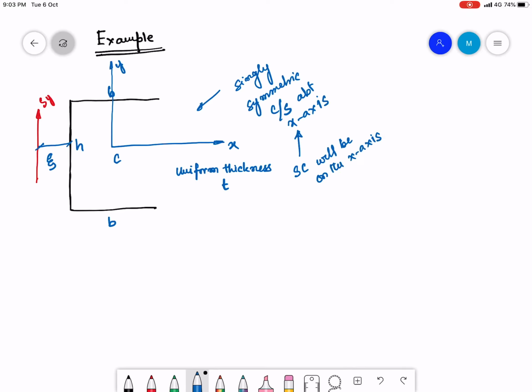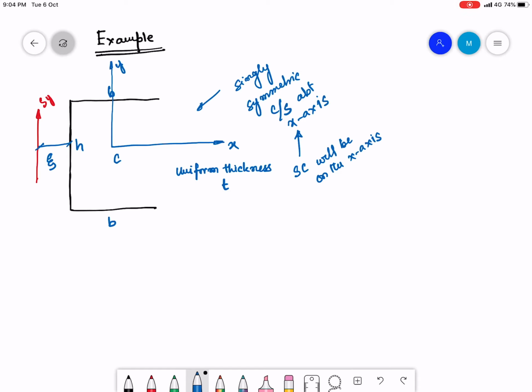Right, so now what I need to do is to find out the other coordinate. Okay, so it is not symmetric about the y-axis, so the shear center is not going to lie on the y-axis, so it will be somewhere off from the y-axis.